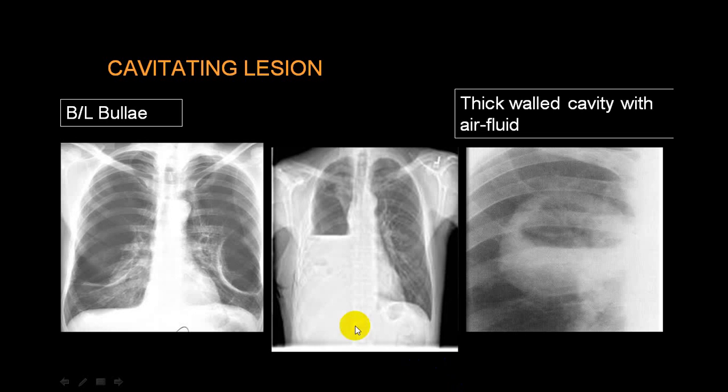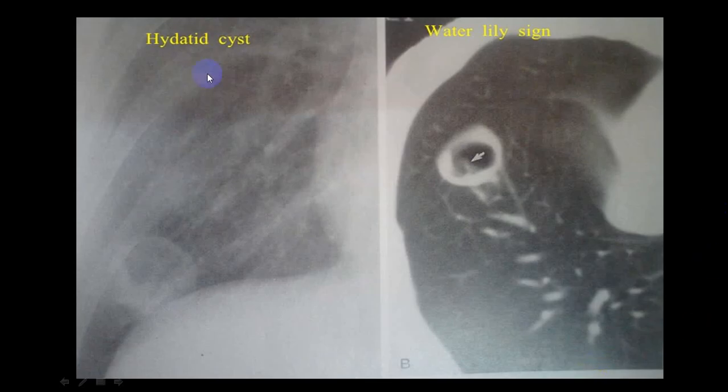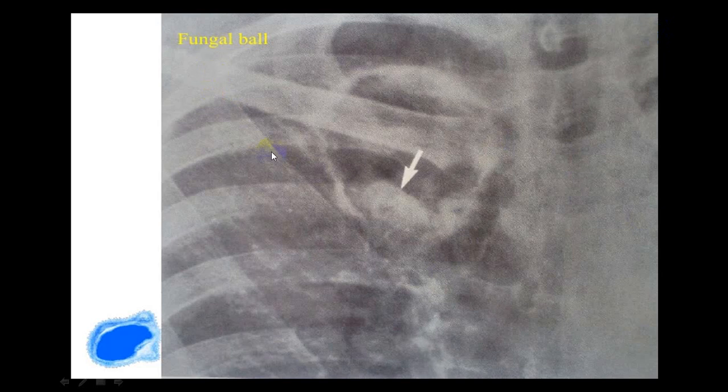Again, look at this big flap. This is called bulla, and this is hydropneumothorax. This is abscess. This is hydatid cyst. Now you can see in this cavity there's a little lily sign. This is called water lily sign. That will be typical in a case of, again, hydatid cyst.